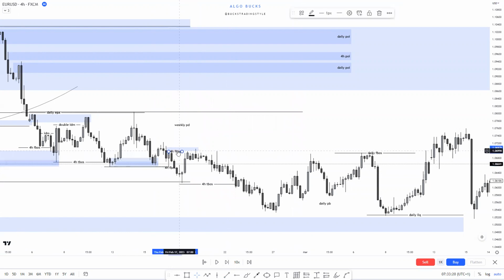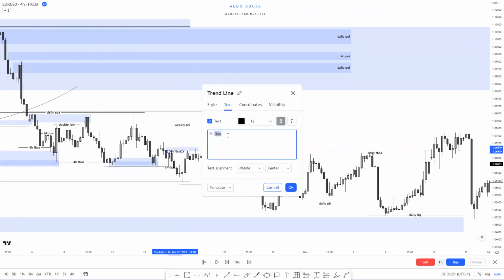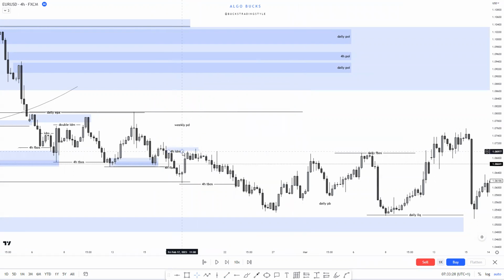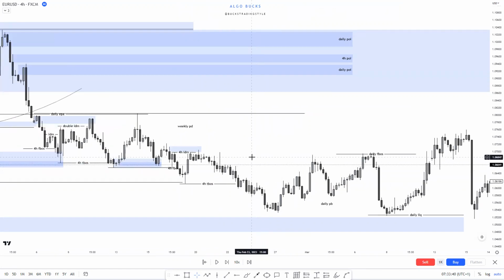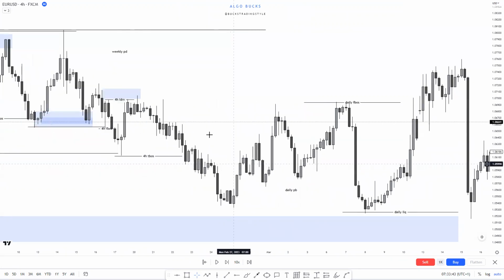And this was the 4H inducement. This was the 4 hours inducement right here. And then price had to come into this POI before it dropped to the 4 hours true break of structure right there. Now, as price broke that 4 hours true break of structure, right?